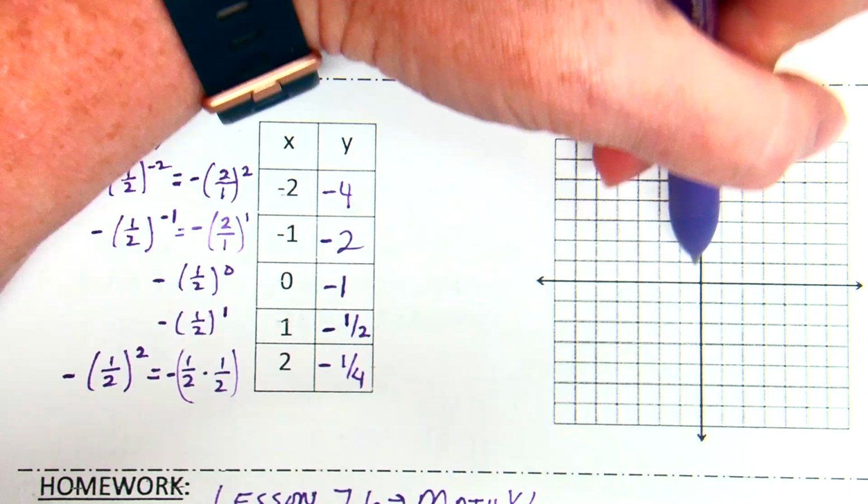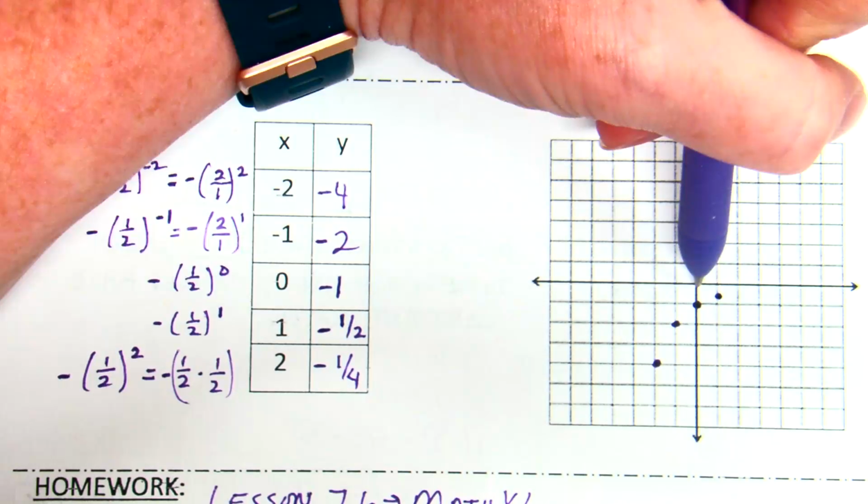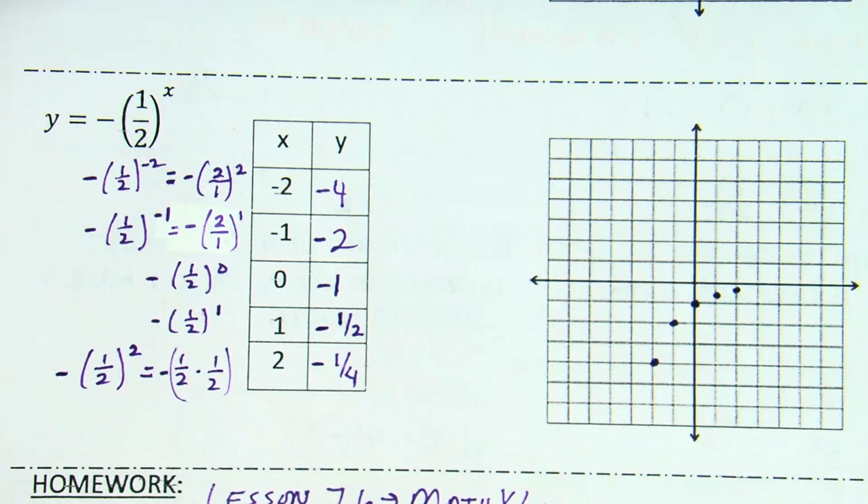Left or right 0, down 1. 1, negative 1/2, right in the middle. Right 1 and then down half a box. And then 2, negative 1/4. Right 2, down 1/4. 1/4 of a box, which I know those are hard to tell what they really are.